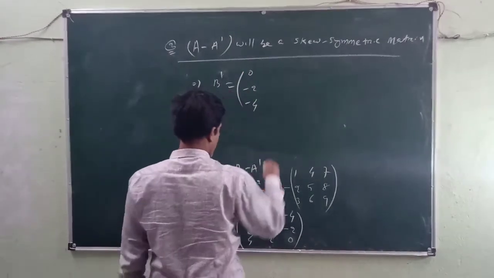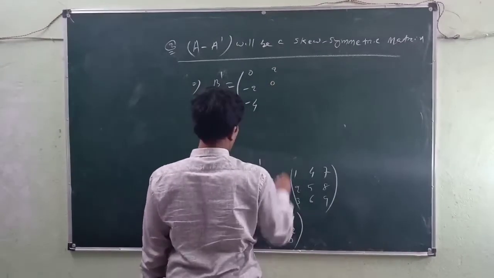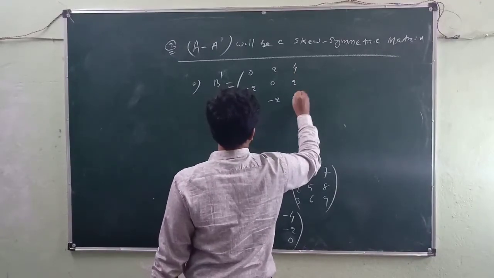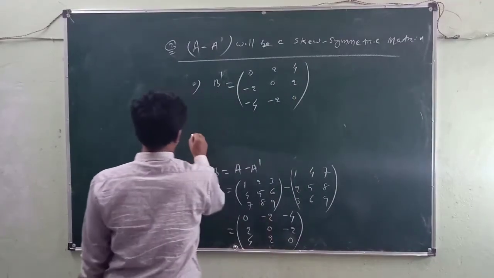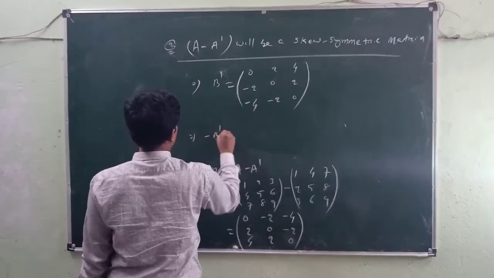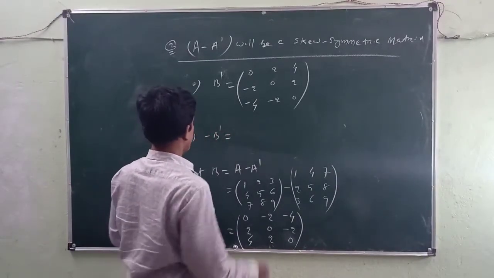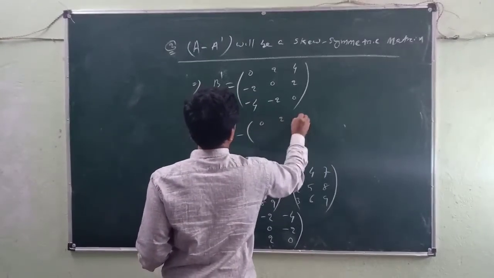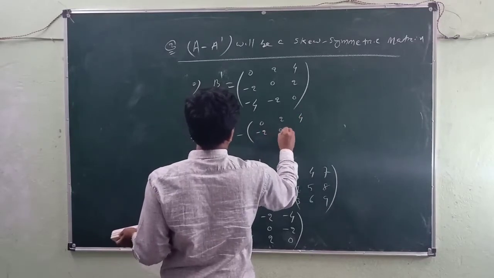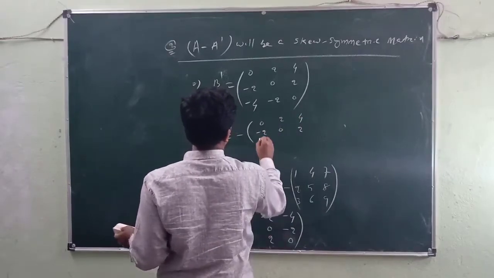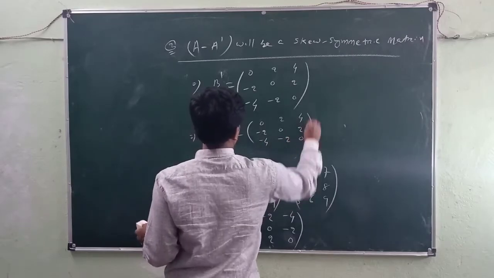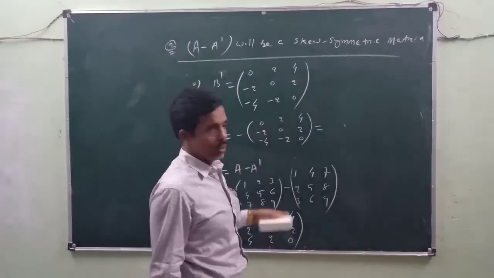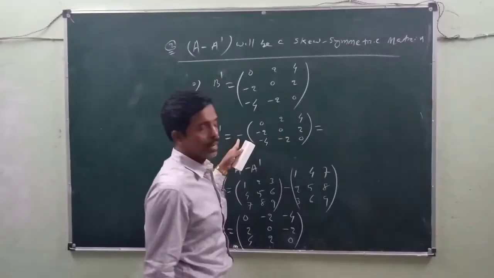Then here it will be 2, 0, minus 2, and 4, 2, 0. That implies minus of B transpose. So minus of B transpose will be 0, 2, 4, minus 2, 0, 2, then minus 4, minus 2, 0.